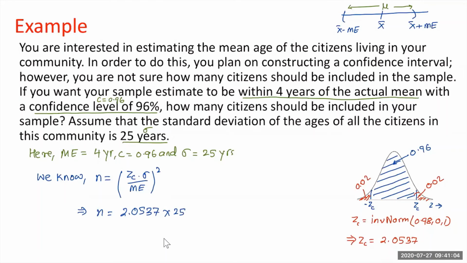We have to divide that by the margin of error, which is 4. Close that parenthesis and hit square. Now let's type this in our calculator to see what we'll get. We begin the parenthesis, type everything inside, close the parenthesis and square it.